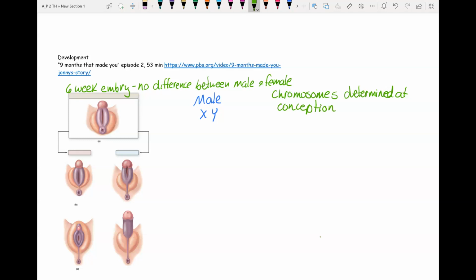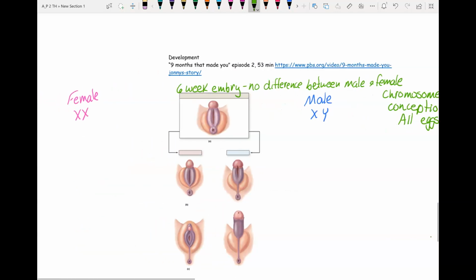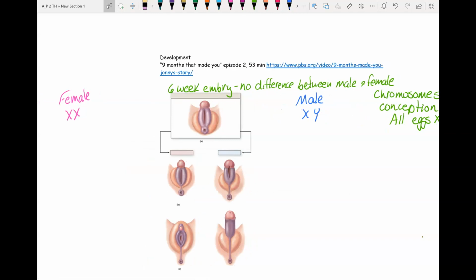Now, all eggs carry an X, and sperm can be either X or Y. So it's which sperm fertilizes the egg that determines if you get a boy or a girl. So if an X sperm fertilizes an X egg, you get 2 X's and you get a girl. If a Y sperm fertilizes the X egg, you get XY and you get a boy.